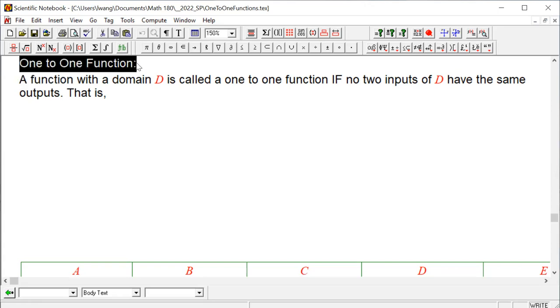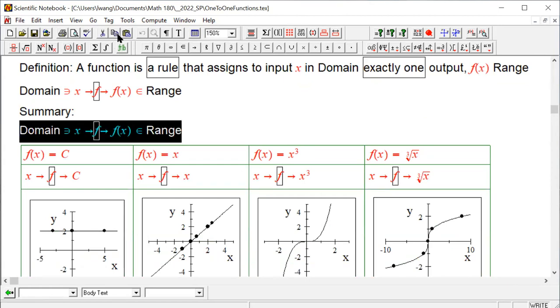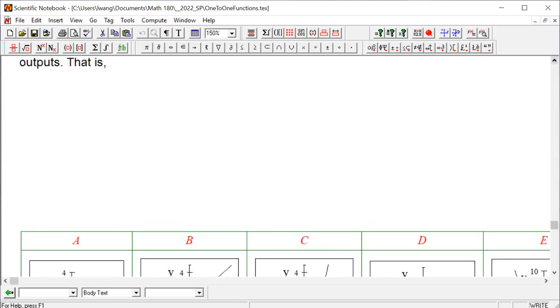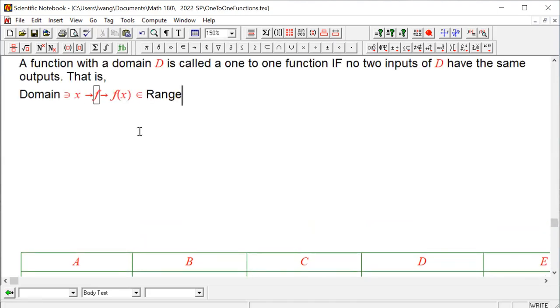Before we talk about one-to-one function, it has to be a function first. For a function, we have this: for each input, there's exactly one output.